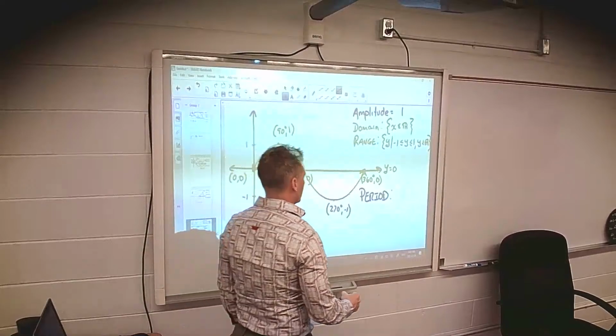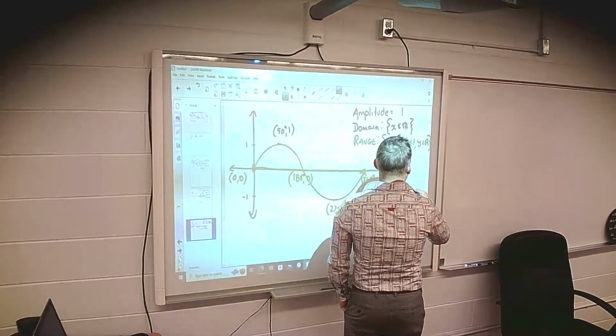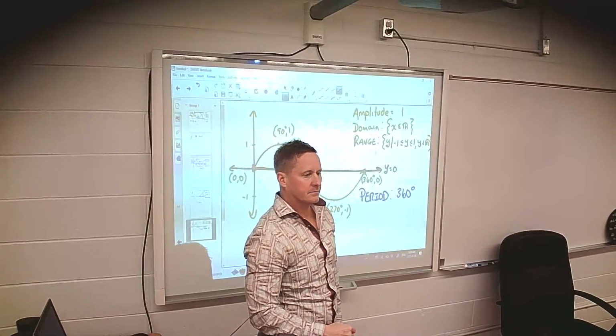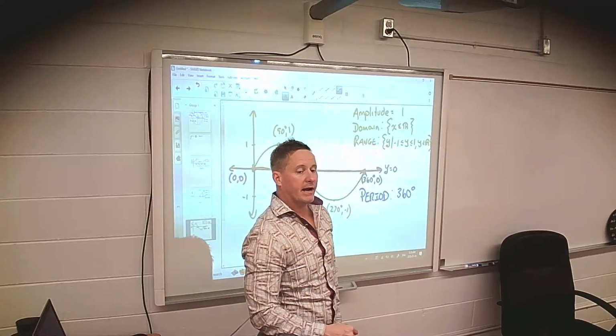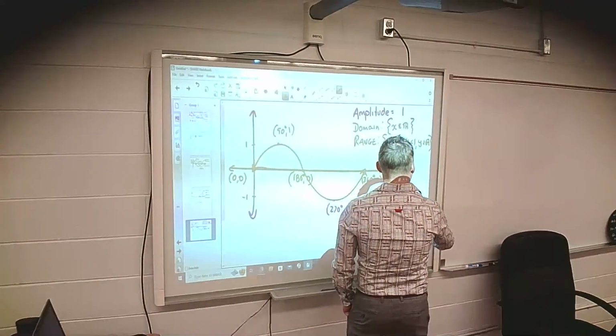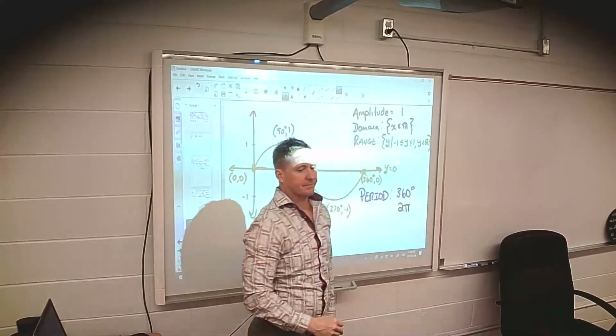Excellent. The period for this graph is 360 degrees, or how many radians is that? 2 pi. Right on. Very good.